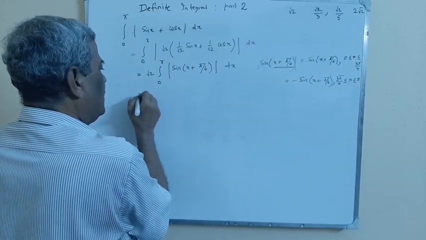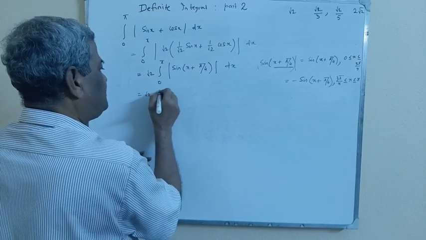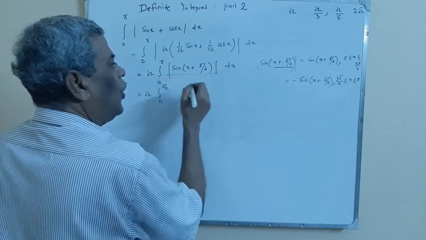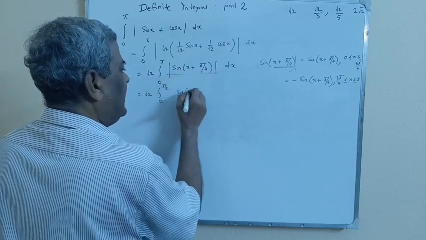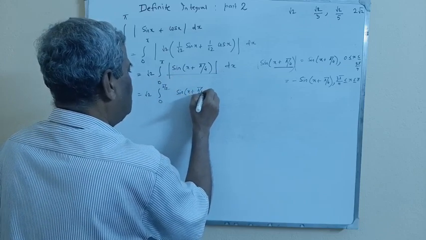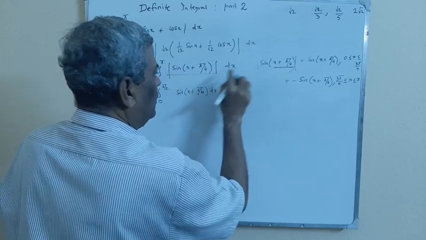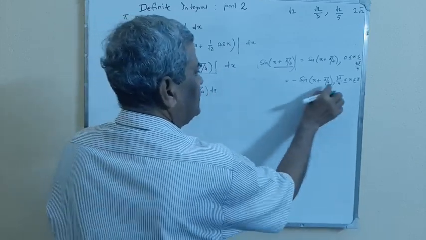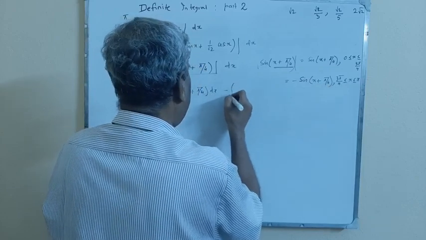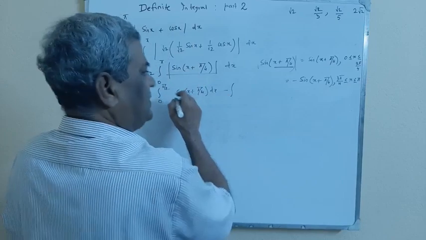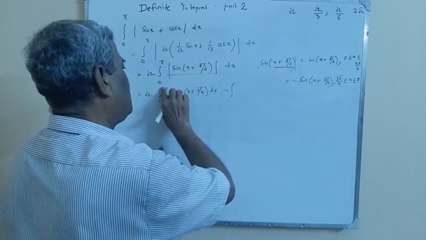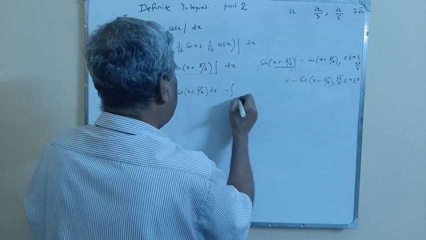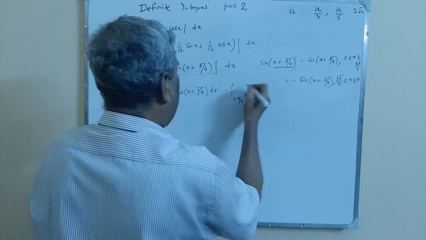So this is √2 into the integral from 0 to 3 pi by 4, simply omitting the mod function, sine of x plus pi by 4 dx. Now for the next limit, the function is negative, so minus, and it must be from 3 pi by 4 to pi.